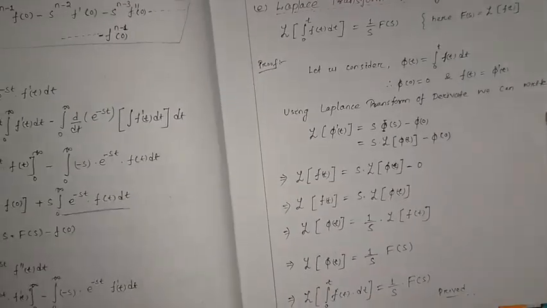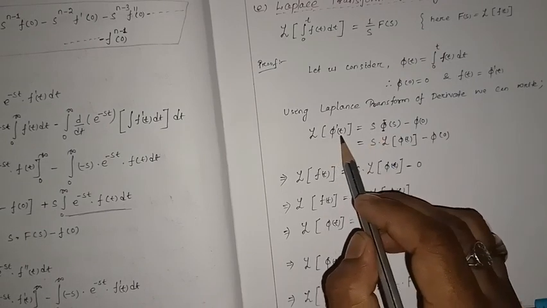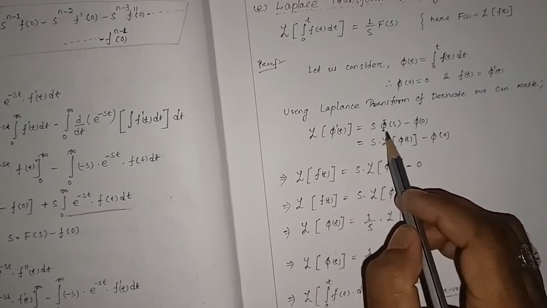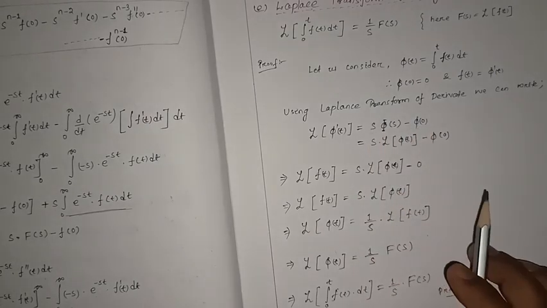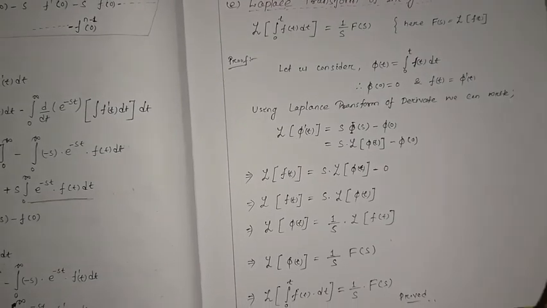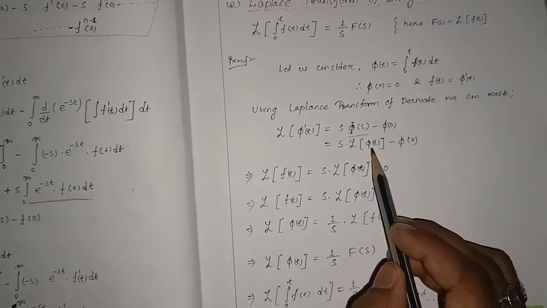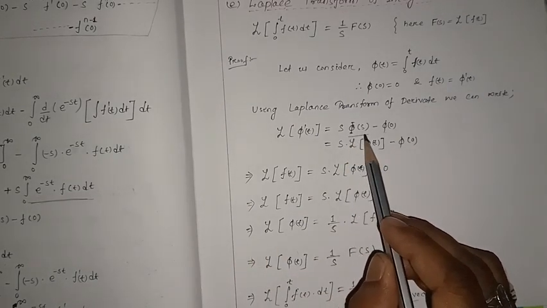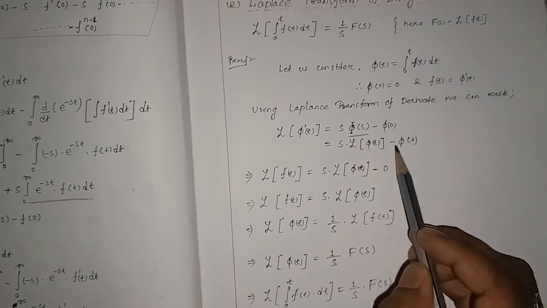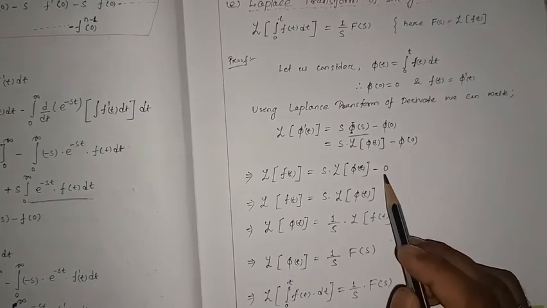Similarly, for phi dash t, the Laplace transform will be s times capital phi s minus small phi 0, where capital phi s is the Laplace transform of small phi t. Phi 0 is always 0, right?